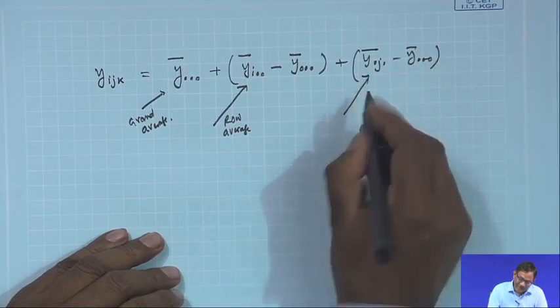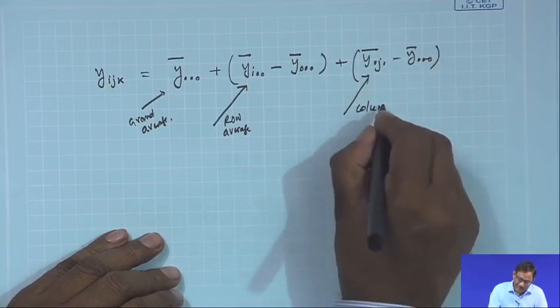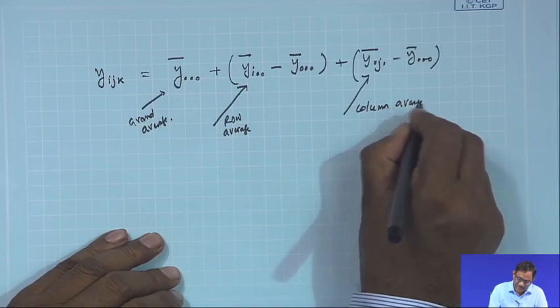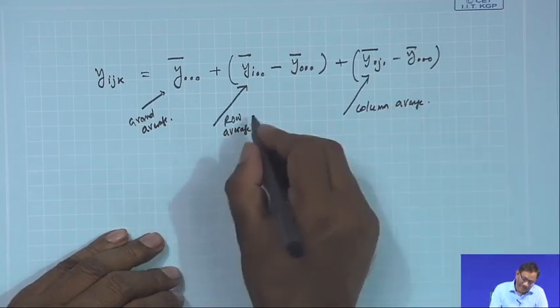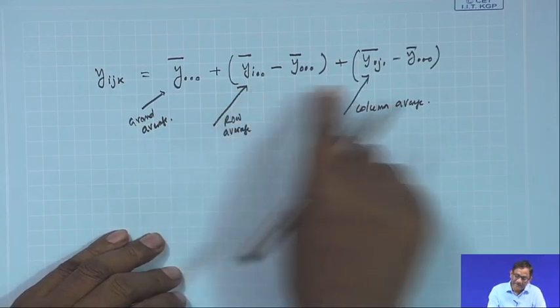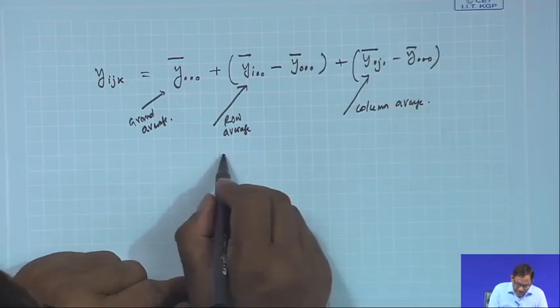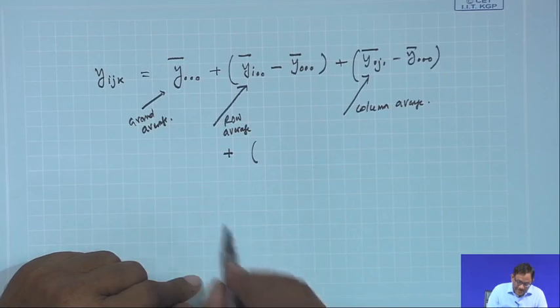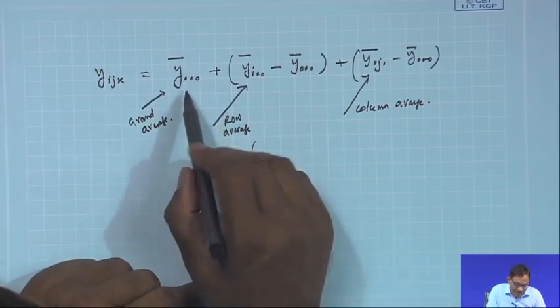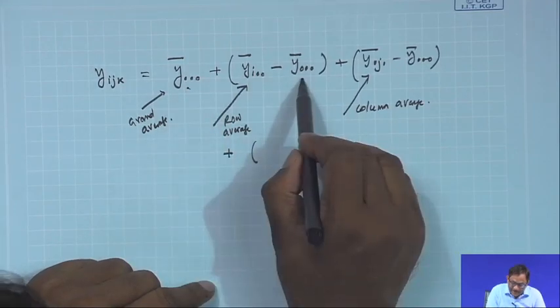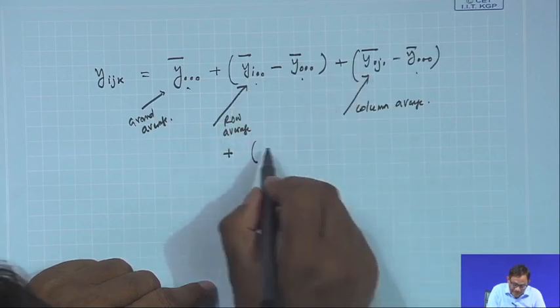So this is my column average. Other way you can say, row means factor A average, column means factor B level average. Okay. Here, this is one time plus and minus, but these two you have already taken.